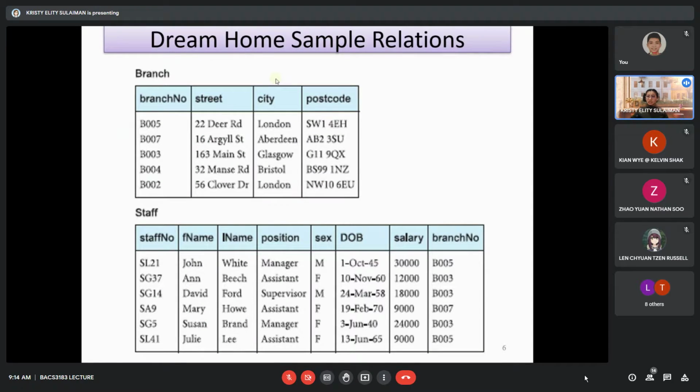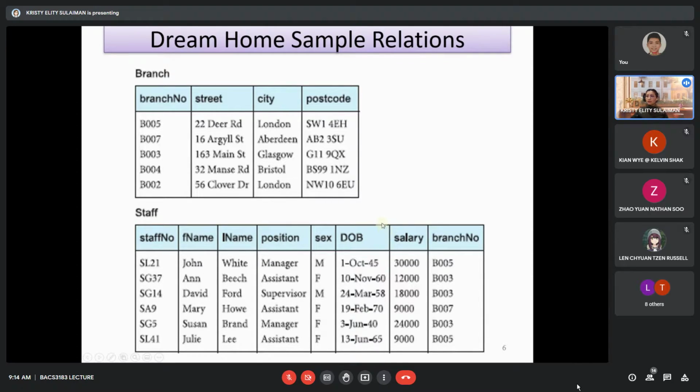So here are the Dream Home sample relations. We have the branch table, with the branch number, the street, the city, and the postcode, and the staff table. As you can see here, we have a foreign key, and then the staff attributes: the staff number, first name, last name, position, sex, date of birth, as well as the salary.